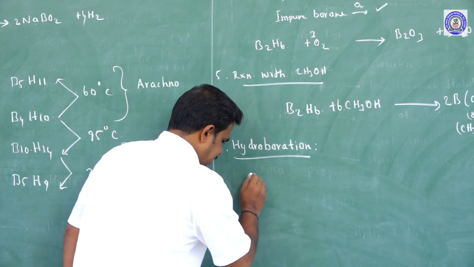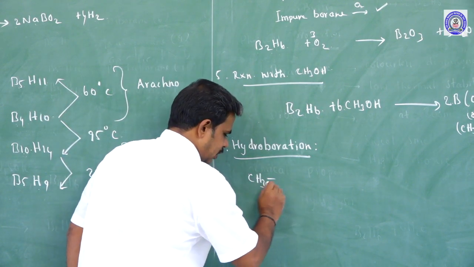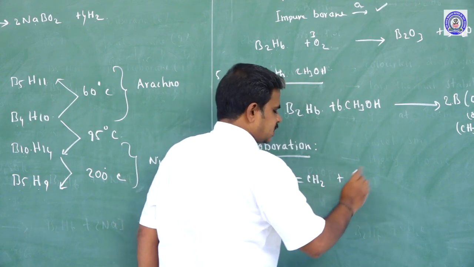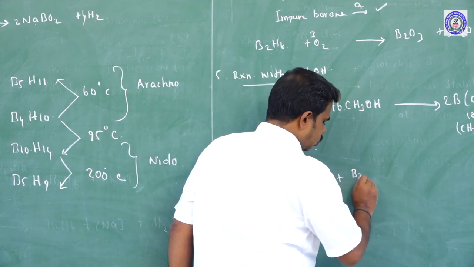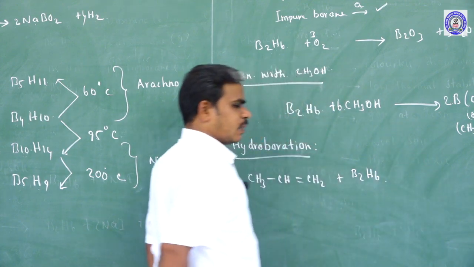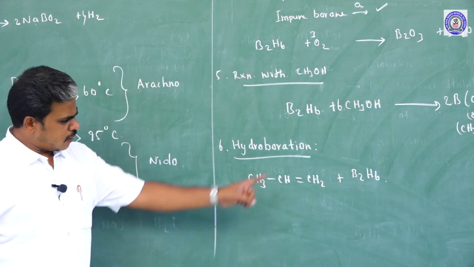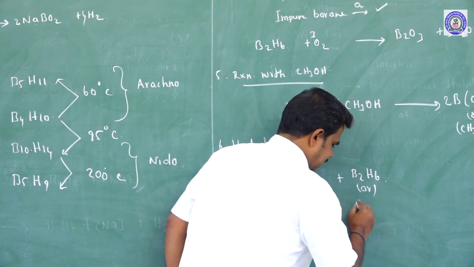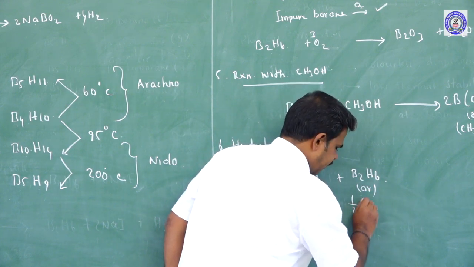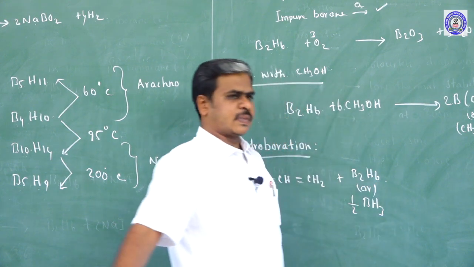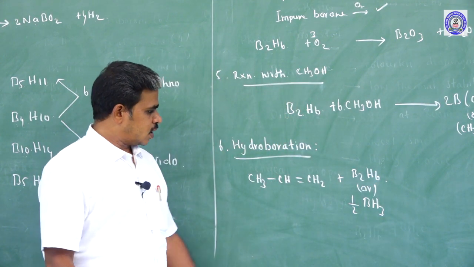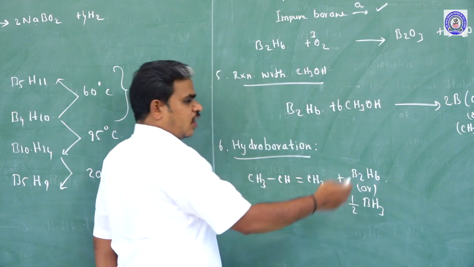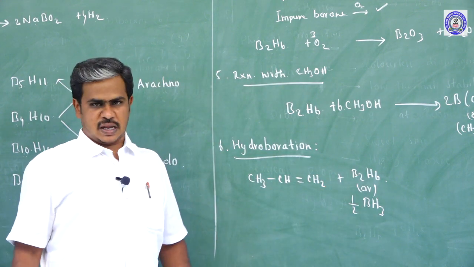So, listen, here we take CH3 CH double bond CH2 reacted with B2H6. For our convenience, we write one molecule of B2H6 as BH3.